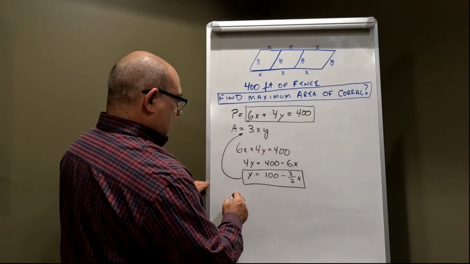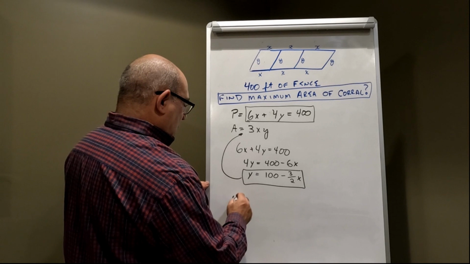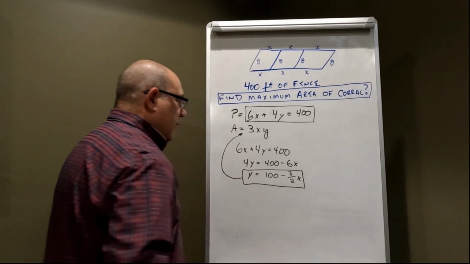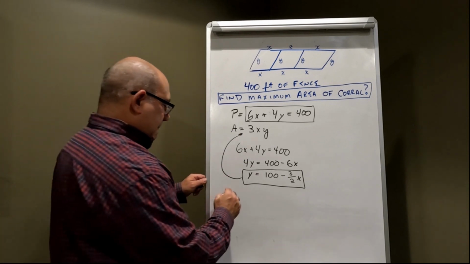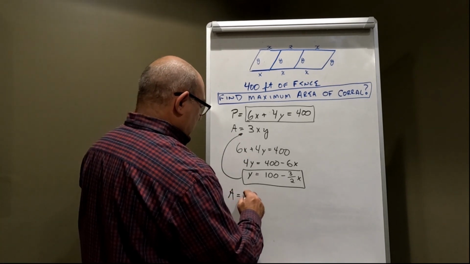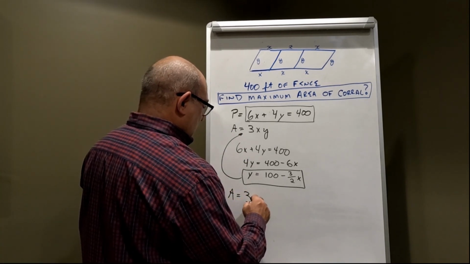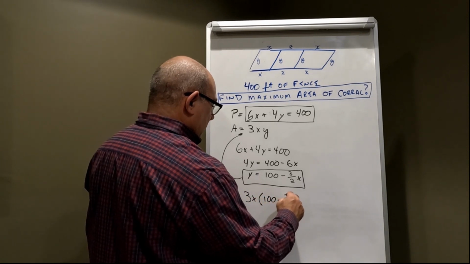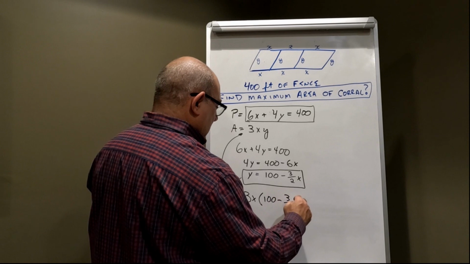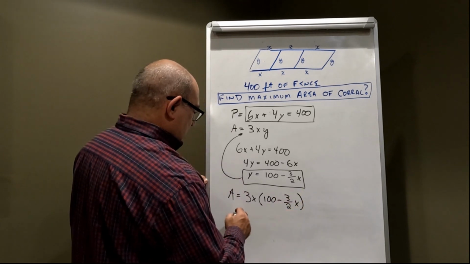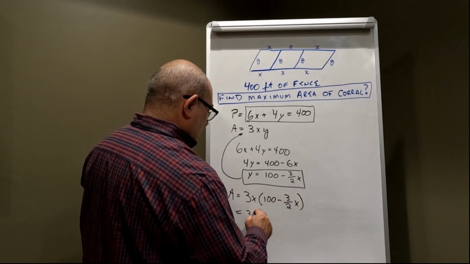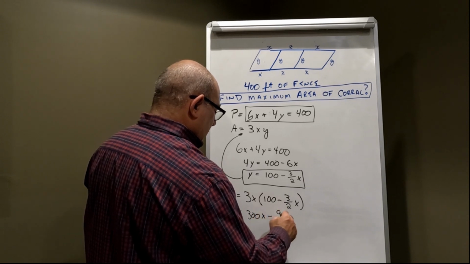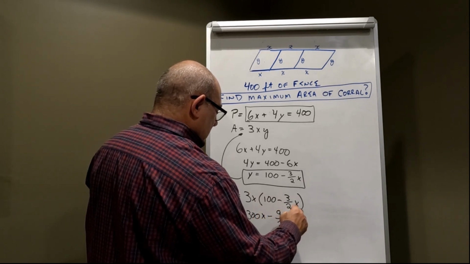So that gives us A equals 3x times 100 minus 3 halves x, which equals 300x minus 9 halves x squared.